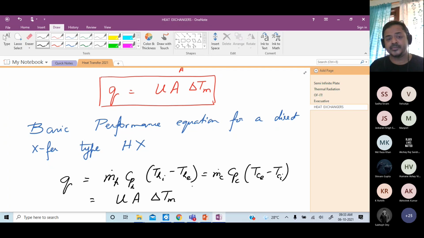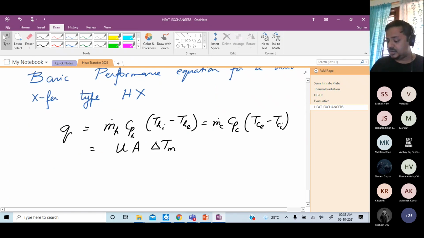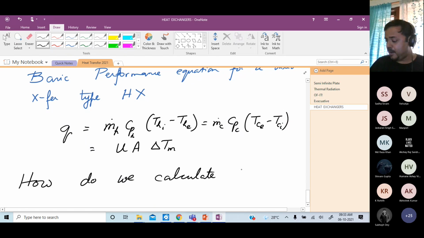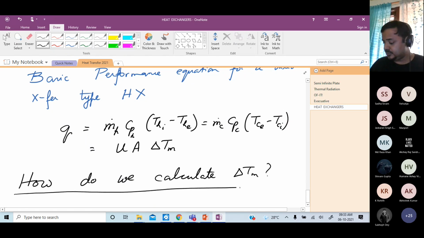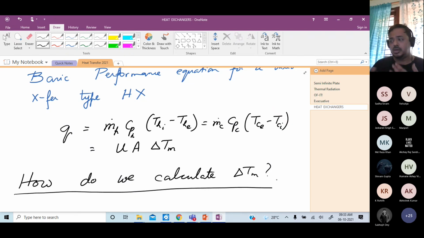So now what is delta T_m? The next question is, how do we calculate delta T_m? U we have figured out how to calculate, at least for basic configurations like flow in a tubular arrangement or flow across a wall. But delta T_m, very important, right?